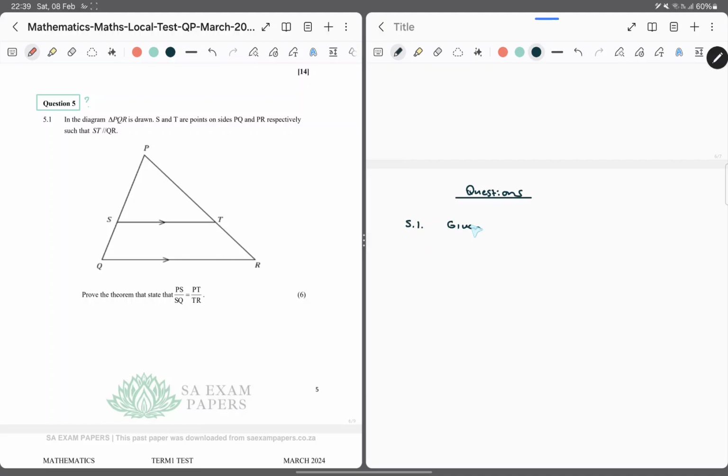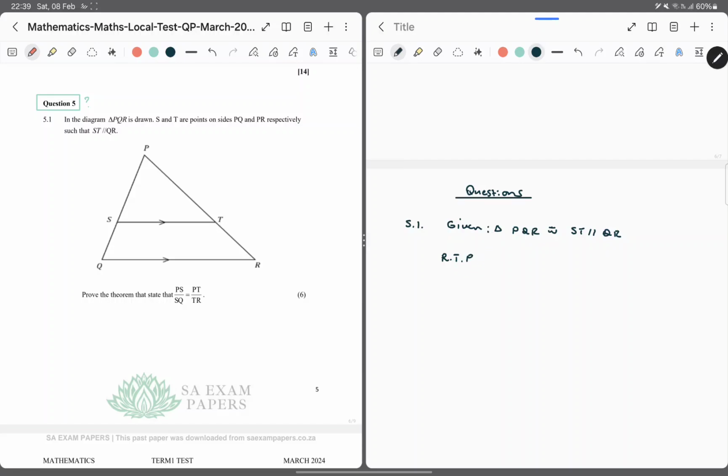5.1, we are given triangle PQR with, you summarize, ST parallel to QR. And then we ask ourselves, what are we supposed to do about this triangle?